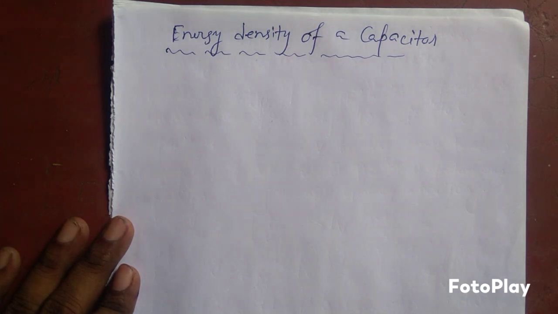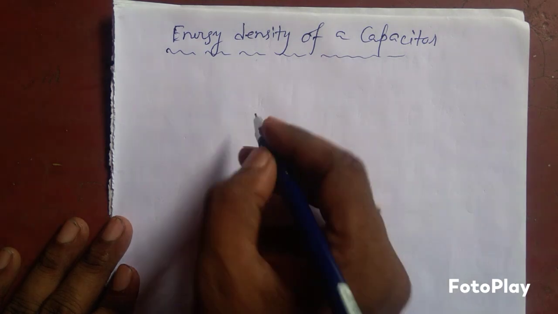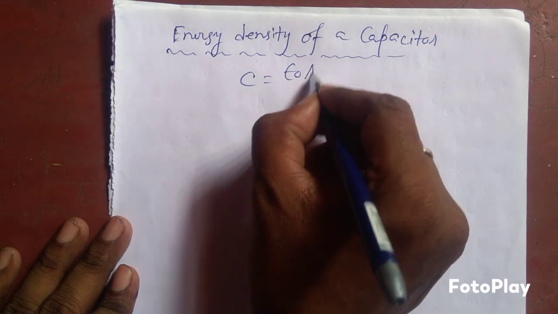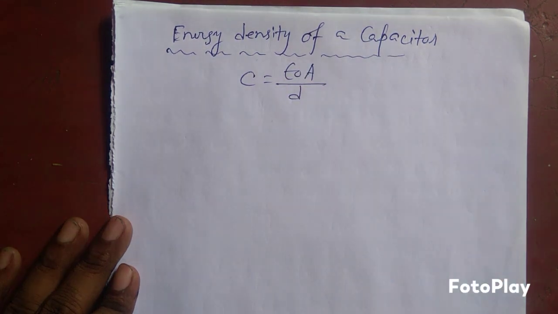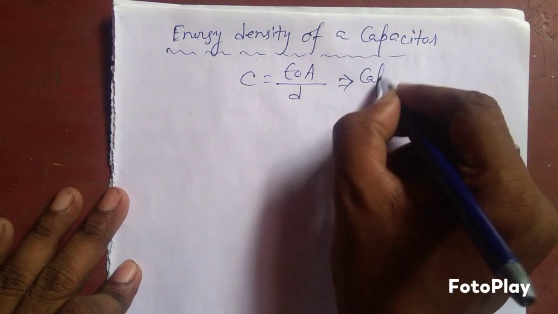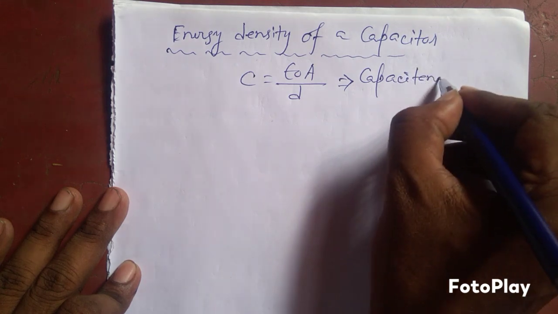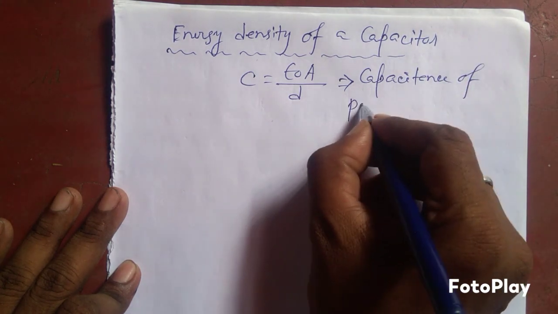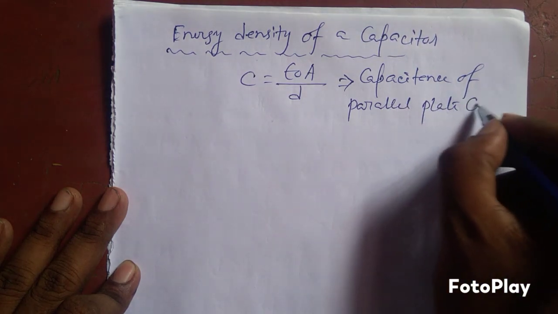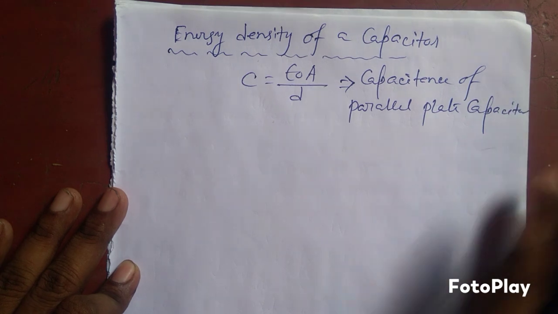For a parallel plate capacitor, we know that C equals epsilon 0 A by D. This is the capacitance of a parallel plate capacitor.